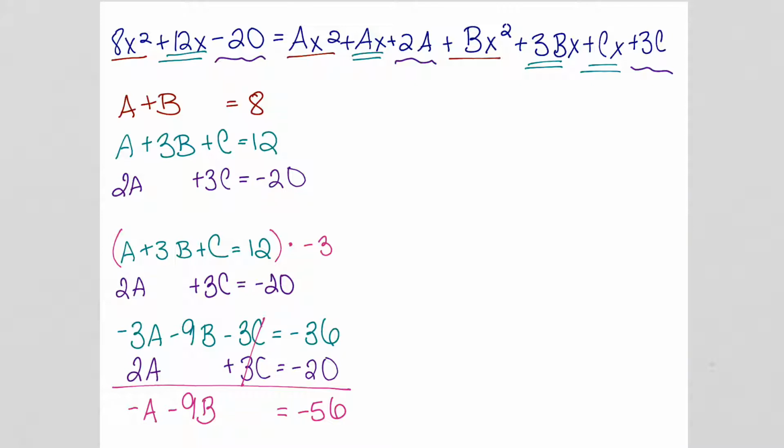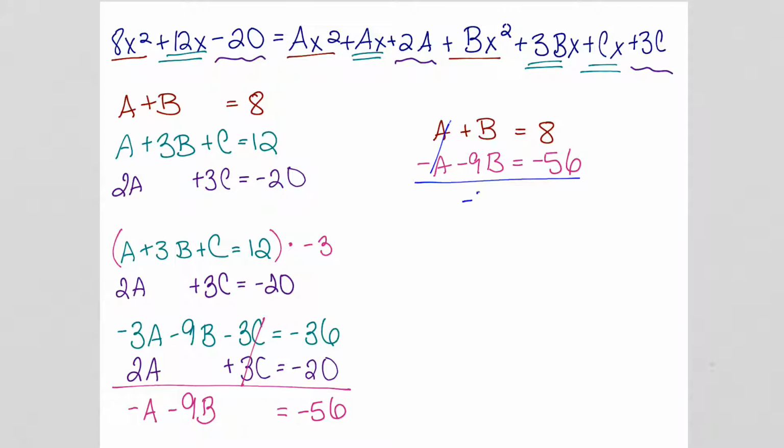So now we can take that equation and our first equation, A plus B equals 8, and use them to solve for A and B. Here, we can see we can go ahead and add because the A's go away.